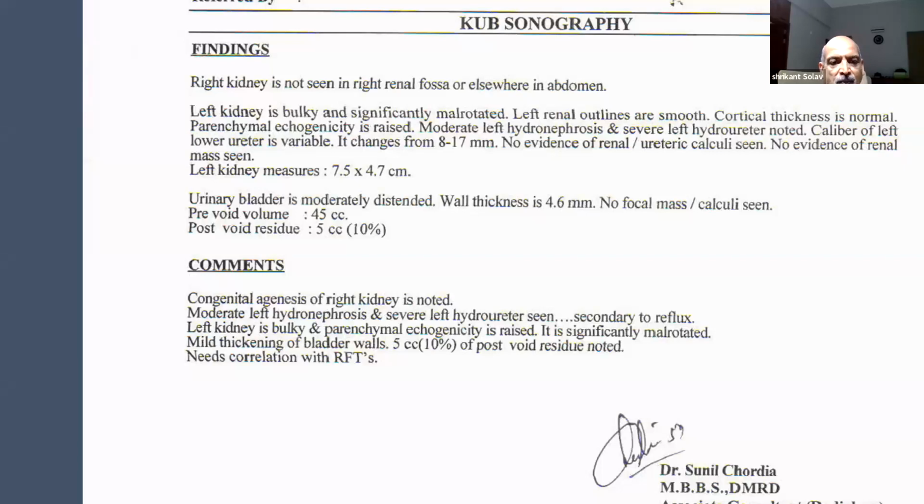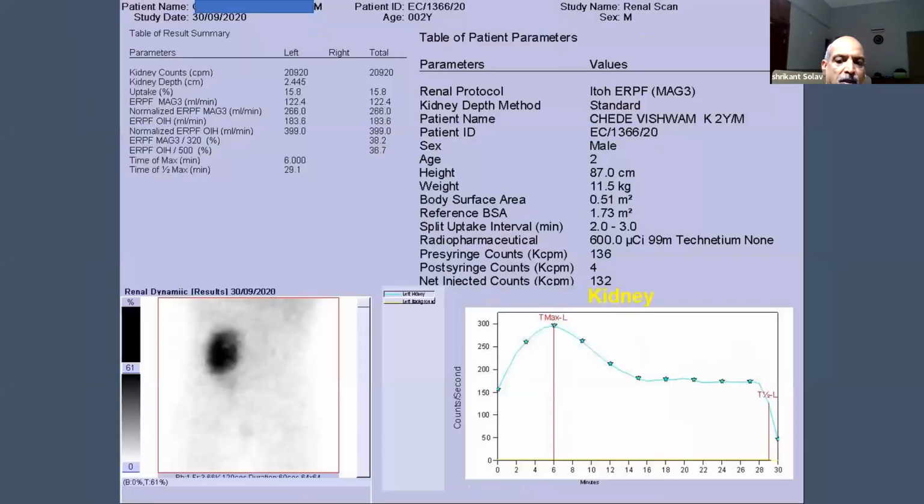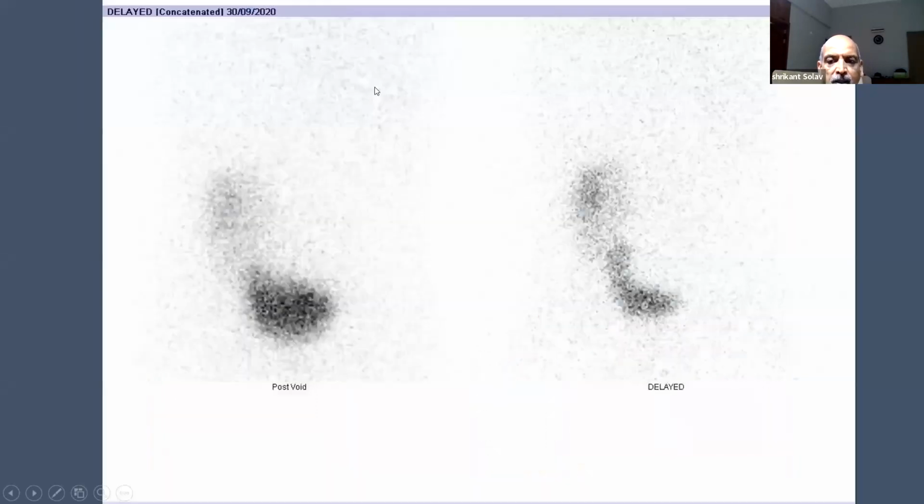So here was an example. The ultrasound showed agenesis of the right kidney, and on a DTPA, an EC renal scan, once again, the right kidney is not seen either in the renal fossa or anywhere else. The uptake is good, and you can see that the ureter is dilated over here, and the effective renal plasma flow, which we measure as quantification, is fairly normal.